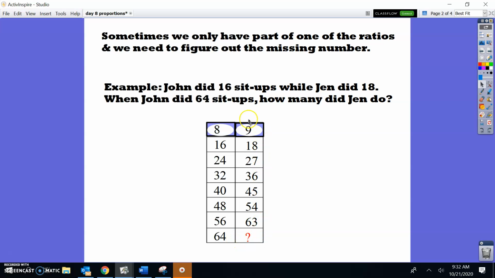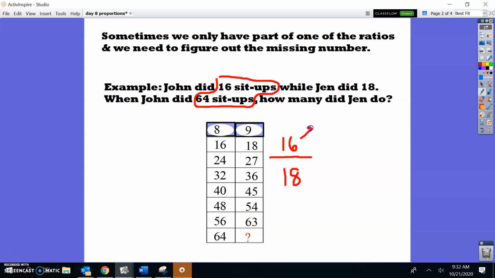Now, instead of having to set up an entire rate table, what we can do instead is set up a proportion. So I'm going to start with the two numbers that I know apply to both John and Jen. John did 16 sit-ups over how many that Jen did. Jen did 18.